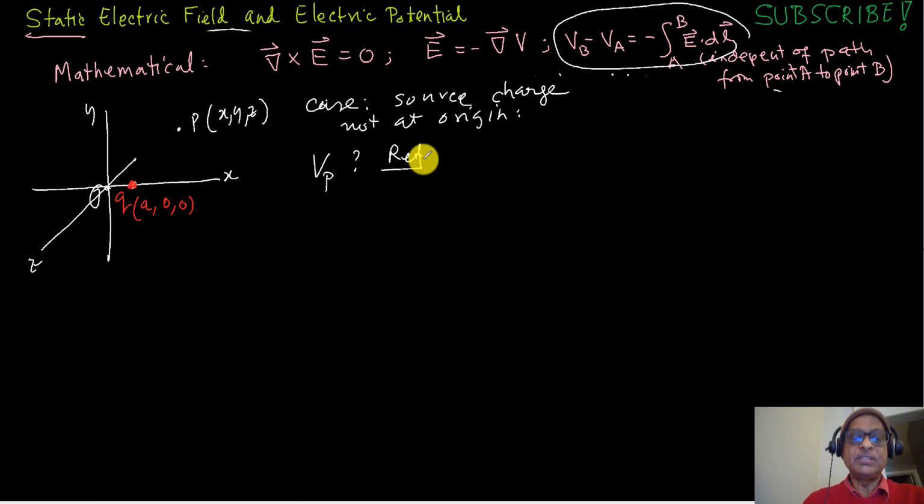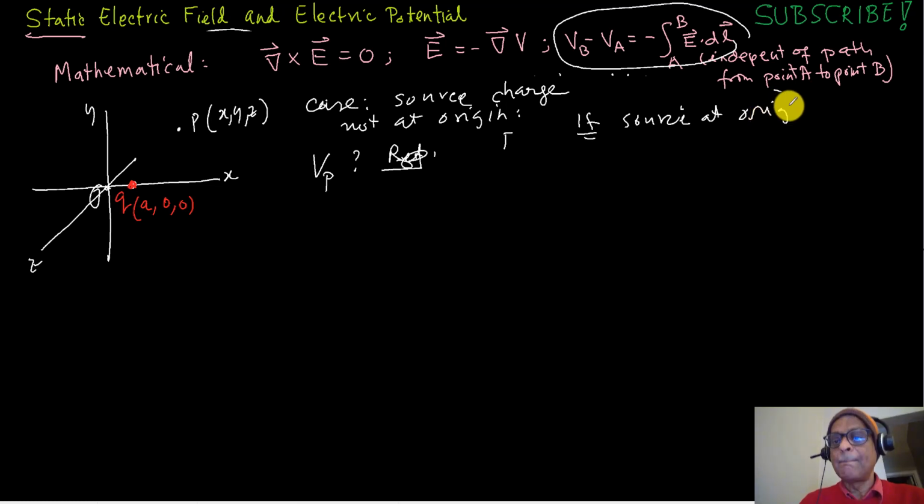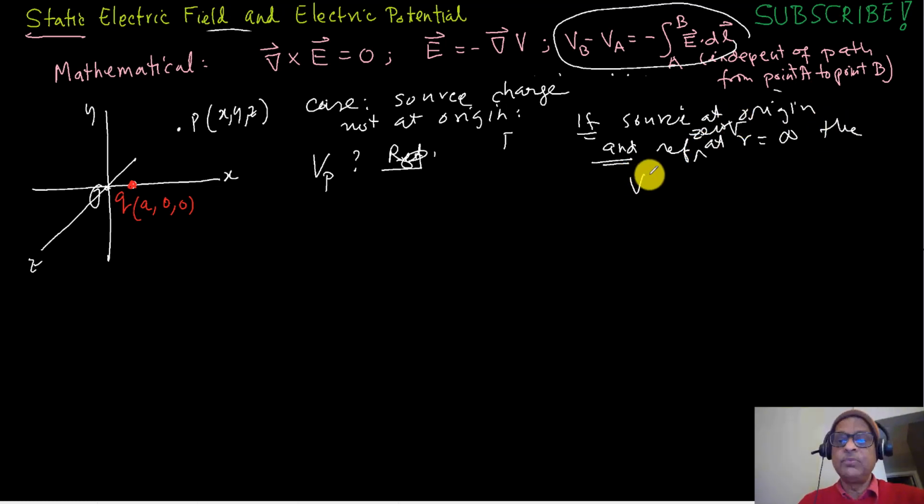We already know that if the source is at the origin and the reference is at r equals infinity, with reference V at infinity being 0, then V at any point P is kq over how far away it is from the origin.